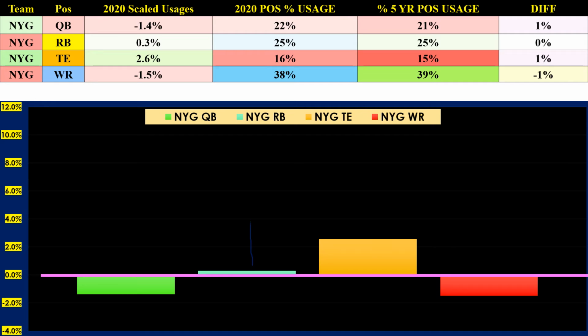So if Barkley moves this up, does this go down? Does this stay the same? So there's still some questions here about how this all plays out. Of course, that's why there's ADPs and drafting. There's always levels of uncertainty here, and we have to draft and make decisions in the swirl of uncertainty.